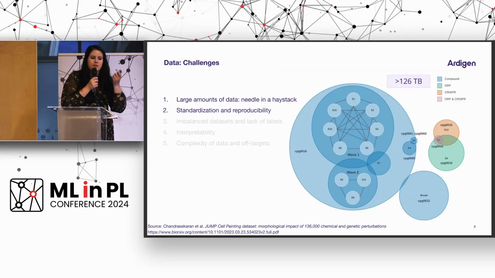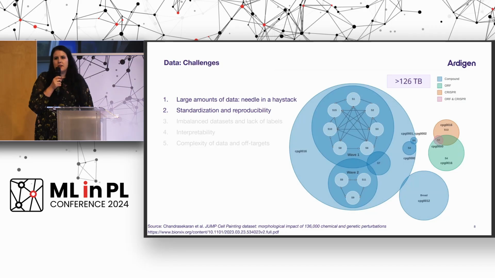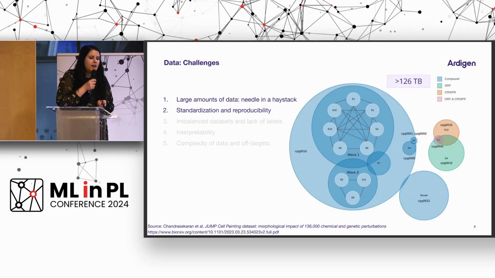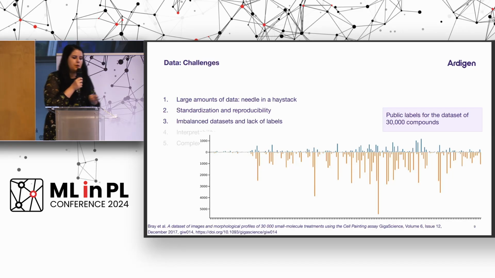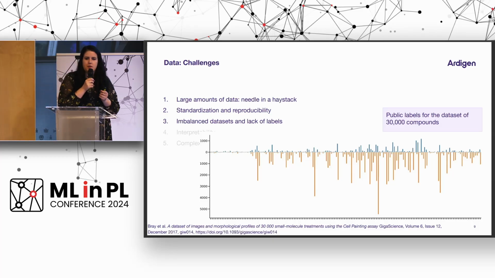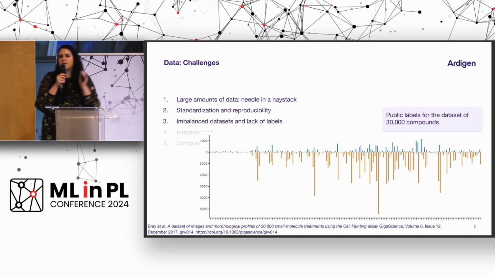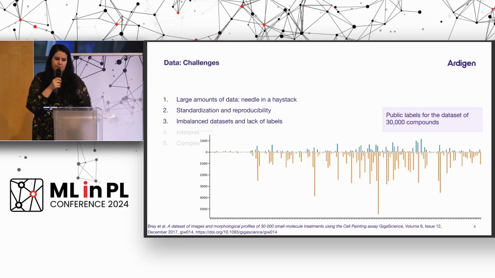However, this is public data, and there are problems with that. For example, the companies that were sharing the data shared the stuff that they wanted to share. So not very interesting, and with a very low number of labels. And here we have an example of a public data set. It only has 30,000 compounds and their labels. So the blue ones are examples of labels for a compound that is active for something, and the orange ones are where the compound is inactive for something.